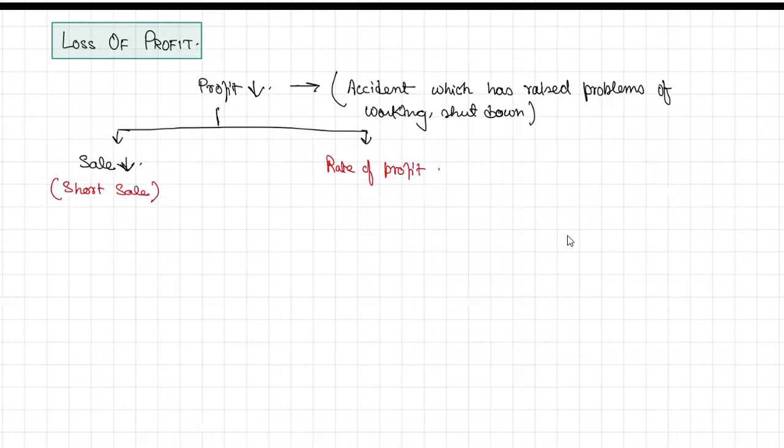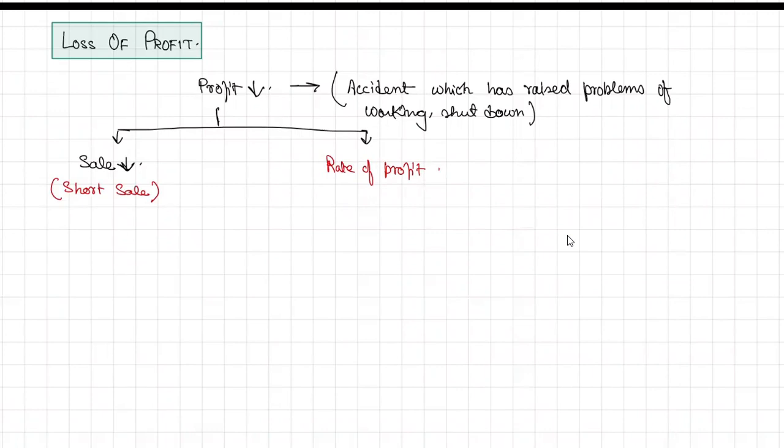Okay, so suppose for an example, now see, whenever someone is doing a business, that means what actually he's trying to do, he's trying to earn some profit. Correct. But suppose there had been any kind of accident, natural calamities, fire, or anything, which has occurred on your premises, which has led to the shutdown of the business for a little bit of period.